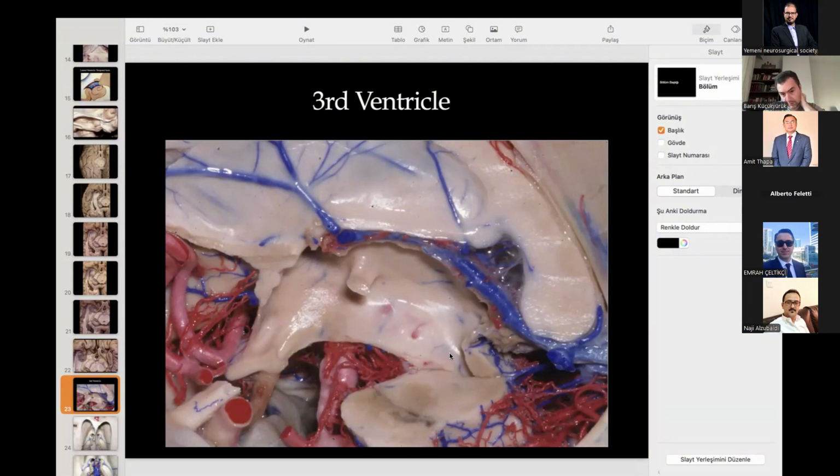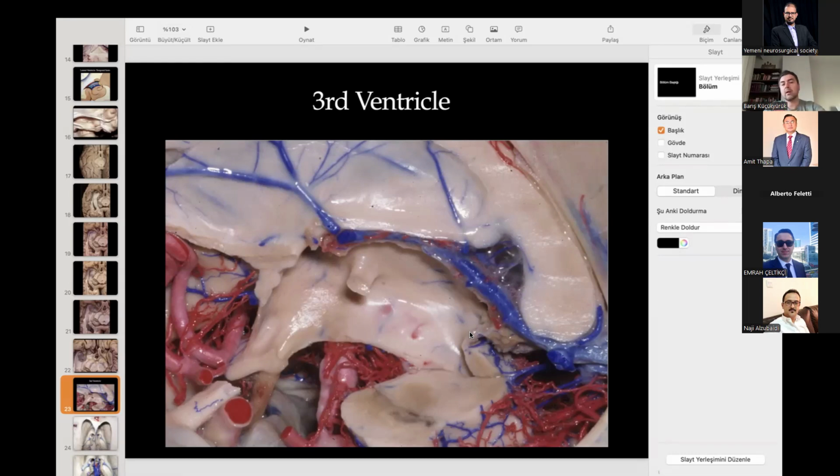And just after the mammillary body, there will be the aqueduct, which connects the third ventricle with the fourth ventricle. At the posterior wall, the main structure here is the pineal gland. There are two recesses here, one above the pineal gland, which is the suprapineal recess, and an inferior recess which is called the pineal recess.